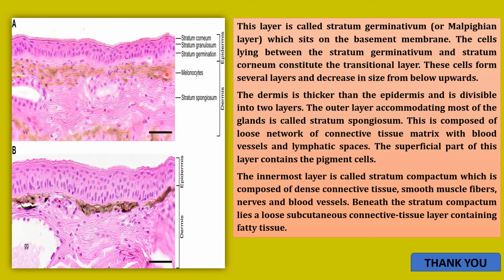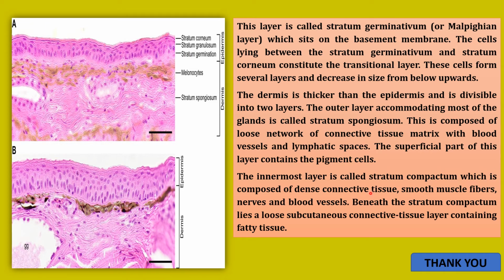You can understand, this is the dermis and this is the superficial, that means uppermost part of dermis. Follow the laser, you will understand. This is the superficial part of dermis which contains pigment cells or chromatophores, and here this is epidermis which contains these three layers.